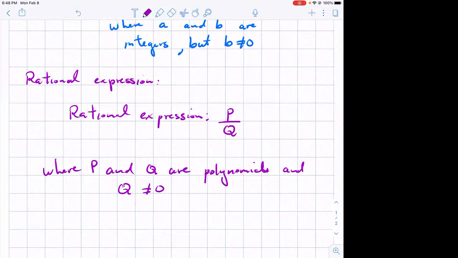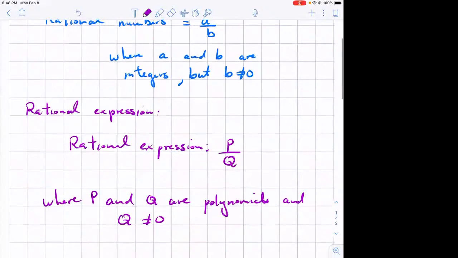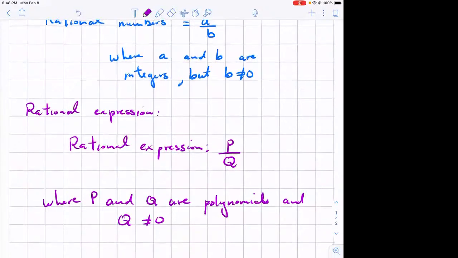So that's the difference from the rational number. For a rational number we're looking at integers, but for a rational expression we're speaking of polynomials.